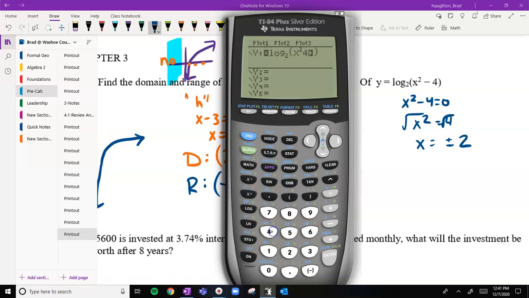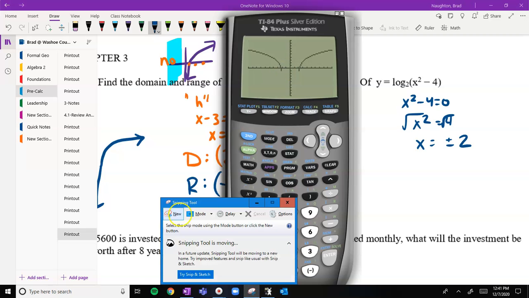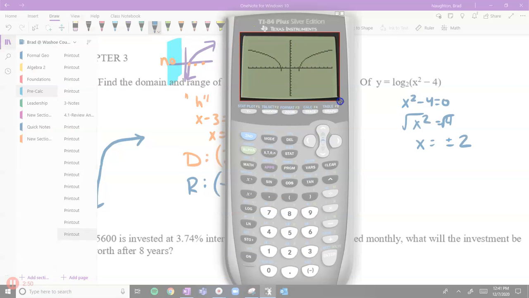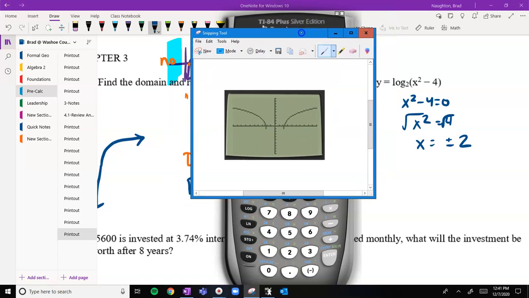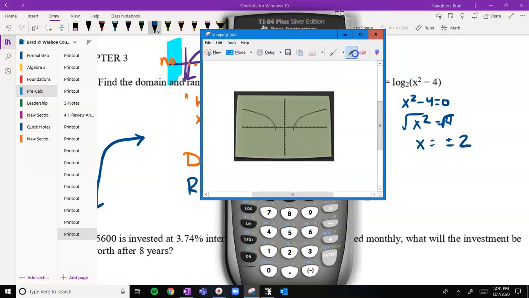Notice I'm just showing you how to do this on the calculator since we did the other one by hand. There we go. In this one, you're going to see some negatives. And the reason why that is okay here is, let me highlight this screen here so I can write on it. So if I take a look at both of the functions, we notice that it's going right here and right here.